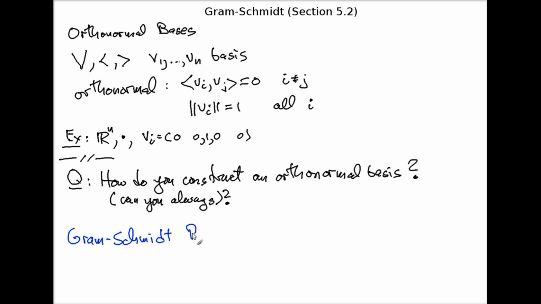The Gram-Schmidt process, or sometimes called algorithm, is a method for constructing an orthonormal basis, and it always works. So the answer to this question is provided by our famous Gram-Schmidt process.